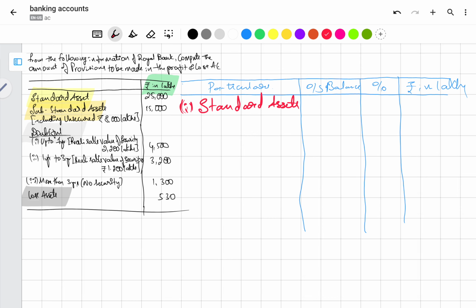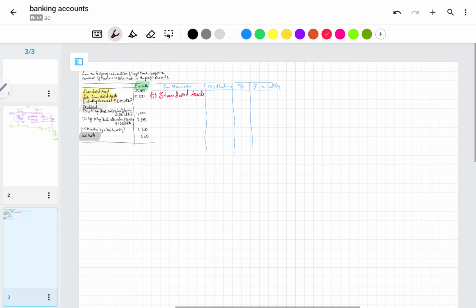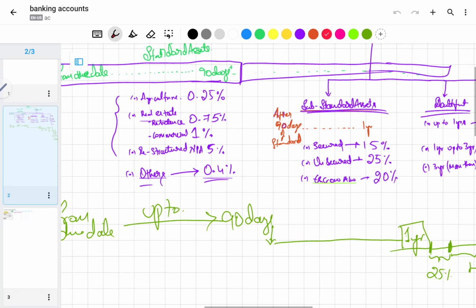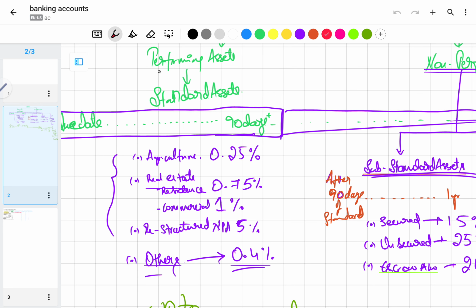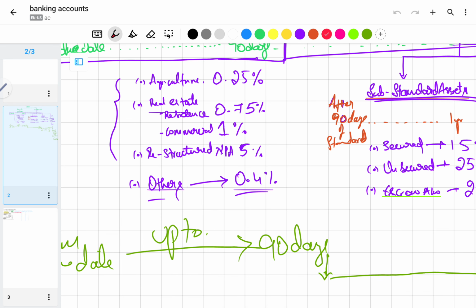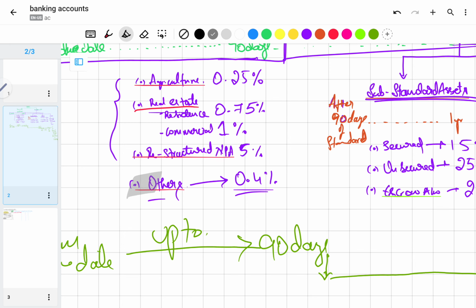No. Under non-performing assets there are subclassifications: first is agriculture, then real estate, then restructured NPA and others. If nothing is specified, then we consider this as others.